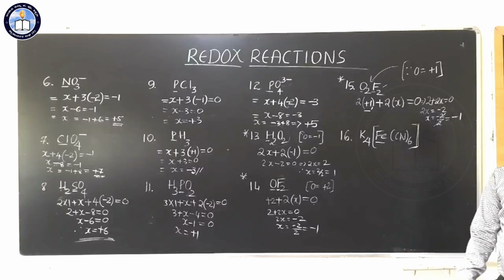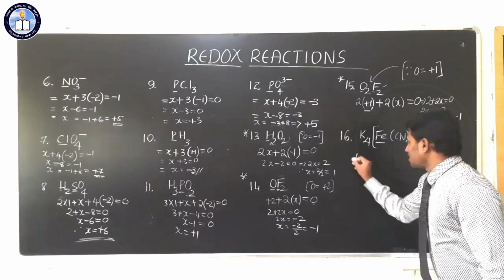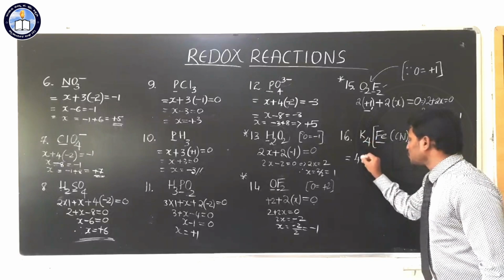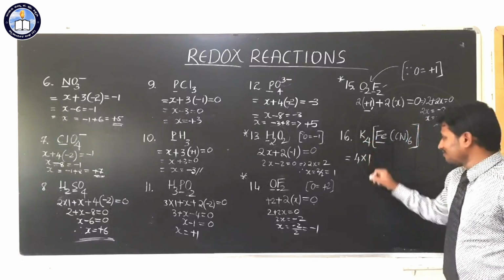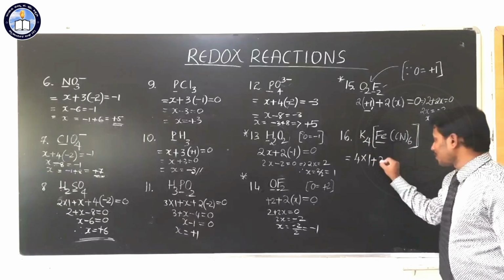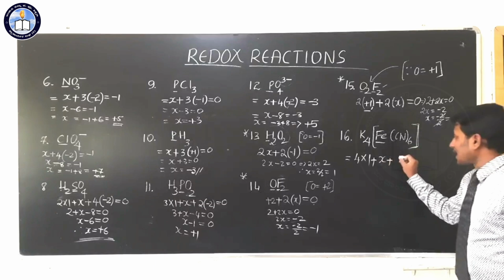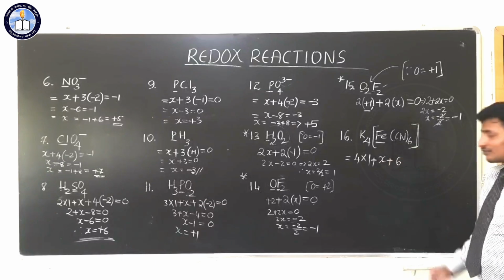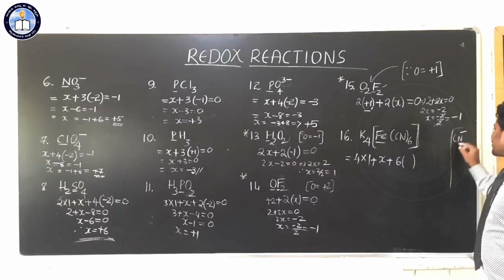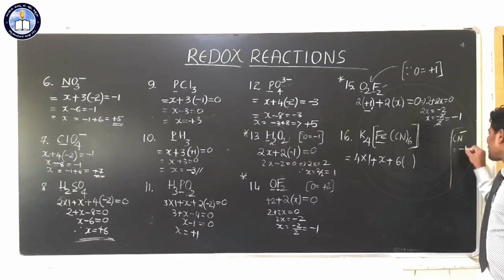See, concentrate here. 4 potassium are there, right? 4 into the value of potassium, which is 1, plus x for iron, plus there are 6 cyanide ions, into cyanide, CN minus, that is -1.